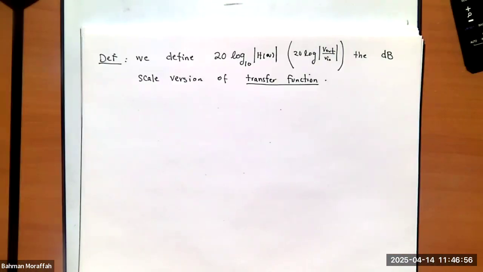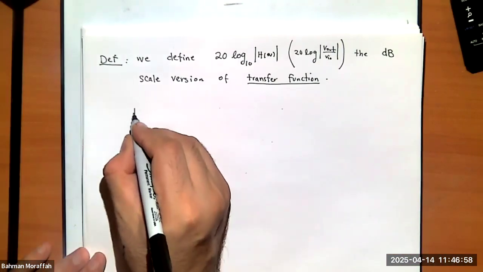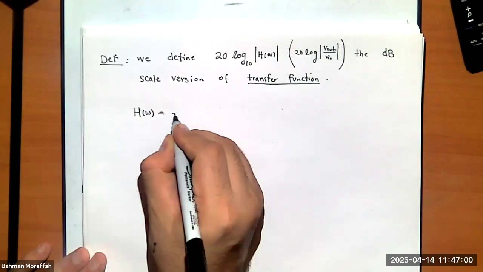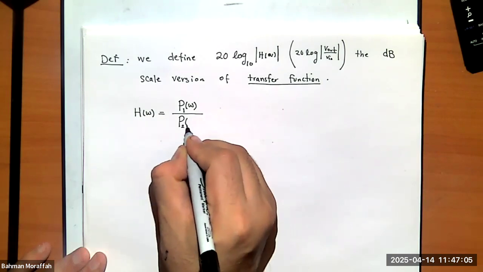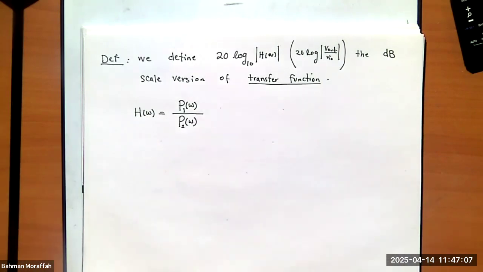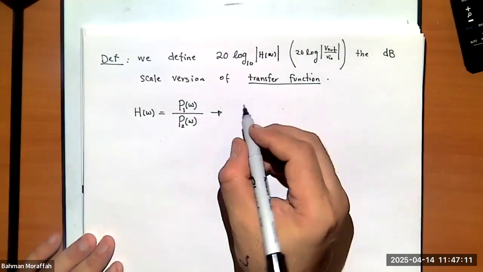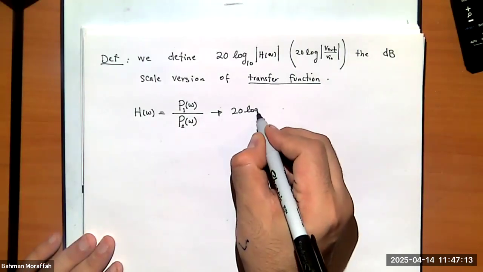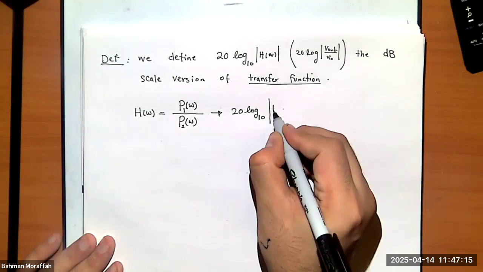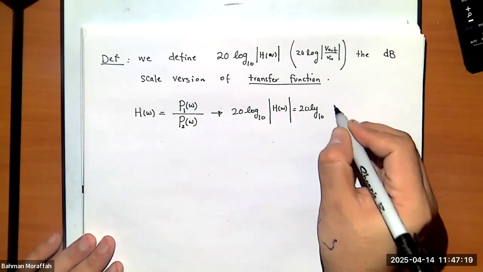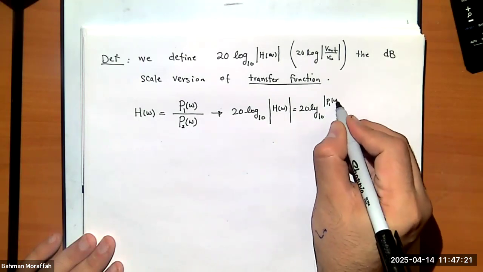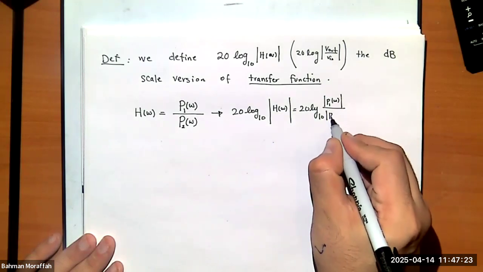So in general, I know this h of omega is a division of two polynomials. If we want to find the magnitude of it, we're going to look at 20 times log 10 of the magnitude of h of omega, which is 20 times log 10 of the magnitude of p1 over the magnitude of p2.